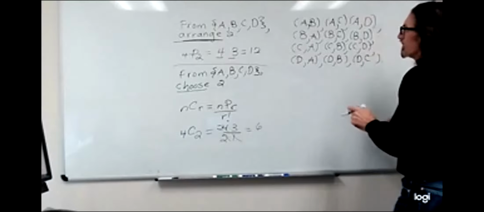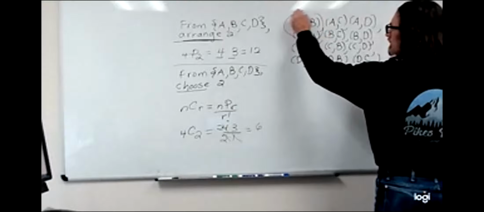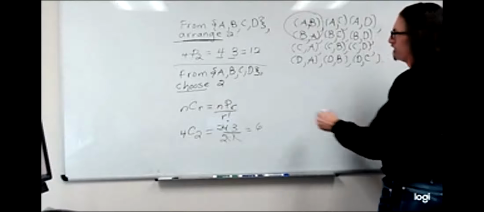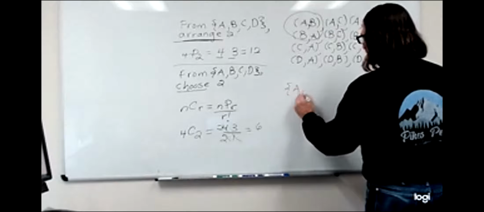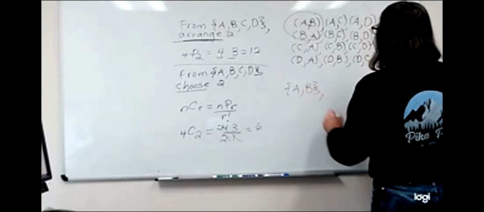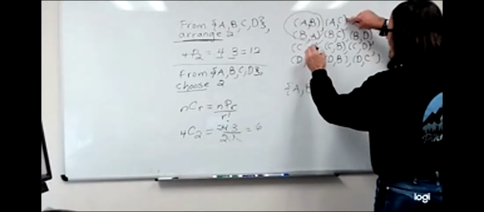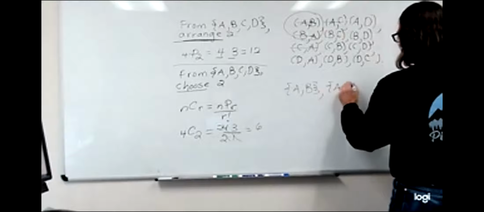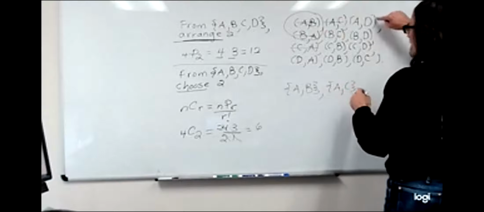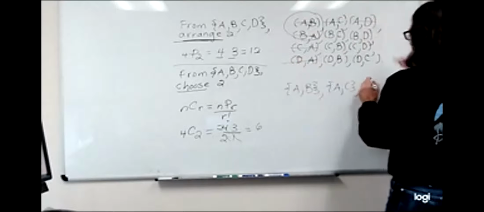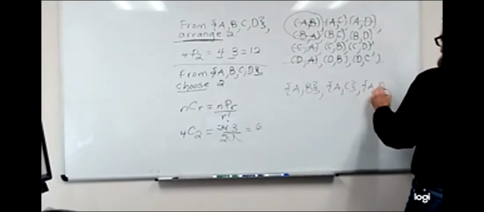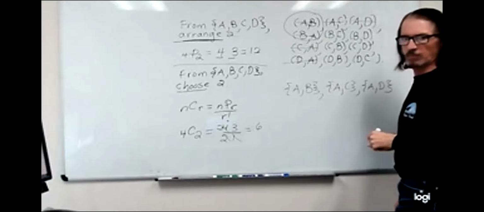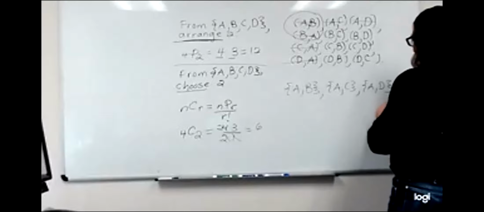When order does not matter, those 2 are the same. AC and CA are the same. AD and DA are the same when there is no order.